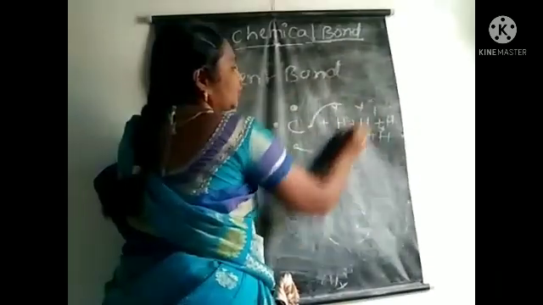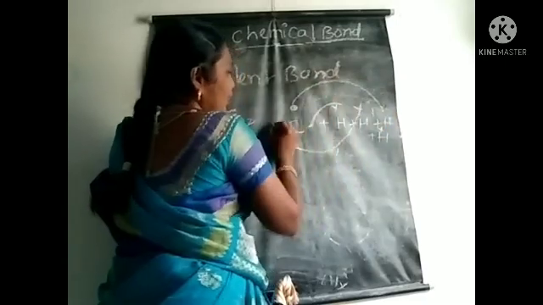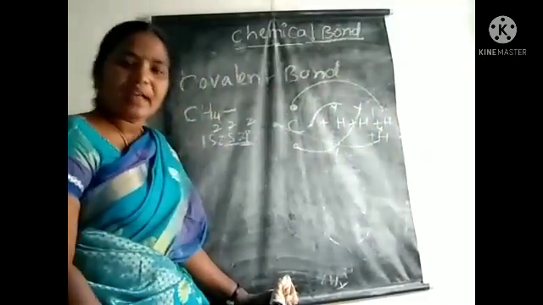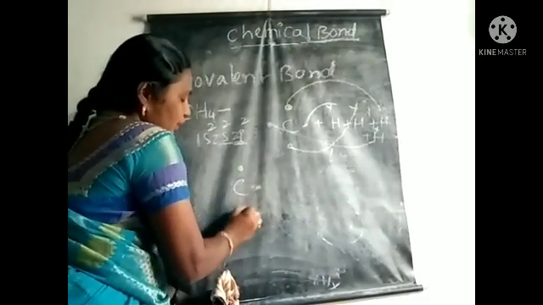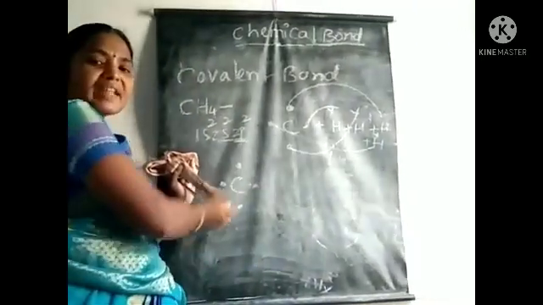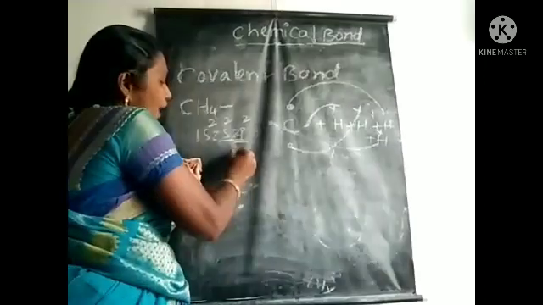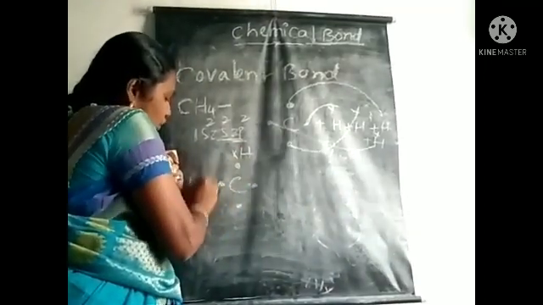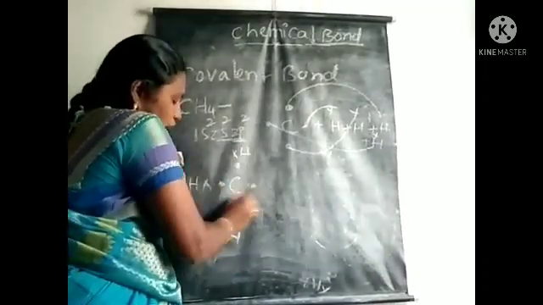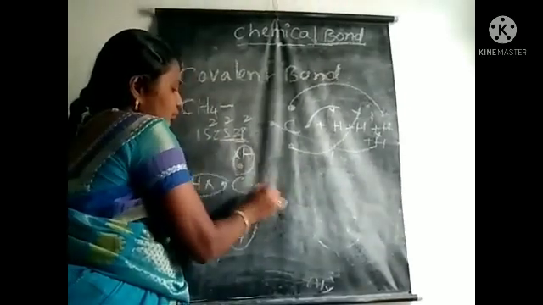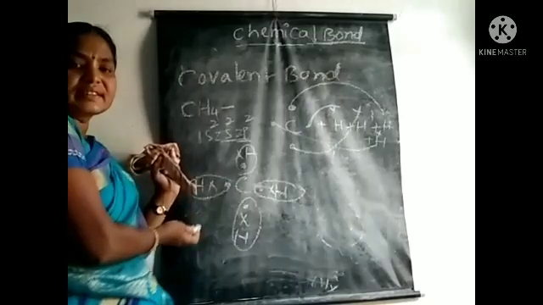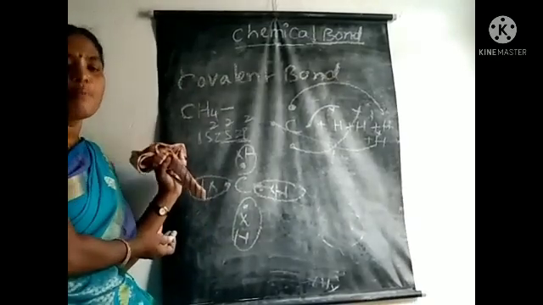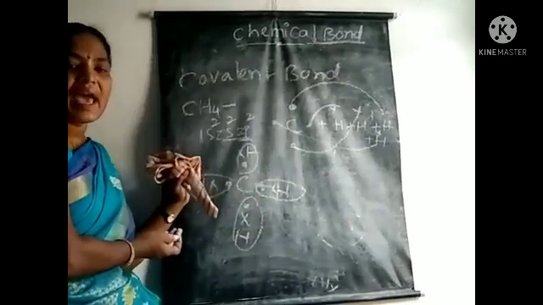One electron shared, another shared, another shared. Like that, CH4 is formed. 4 valence electrons of carbon and 4 electrons of hydrogen. CH4 bond formation is like this.